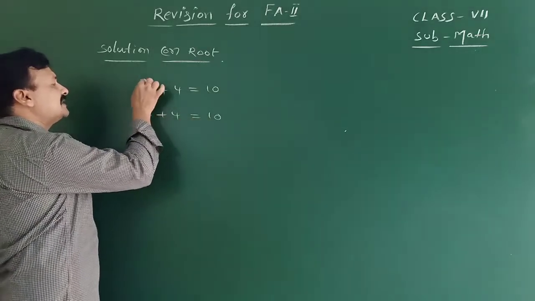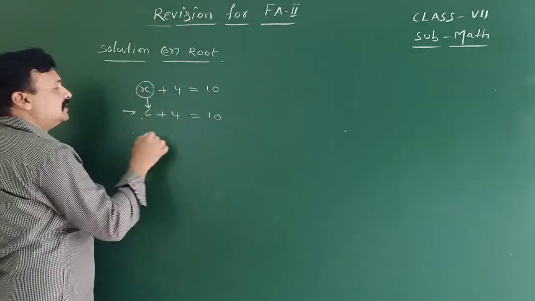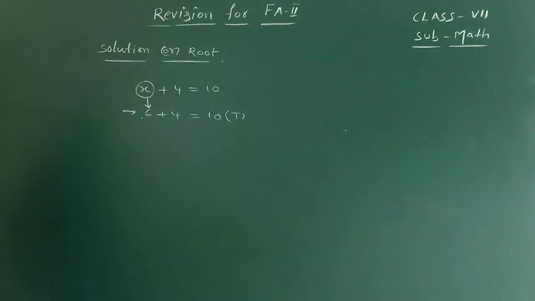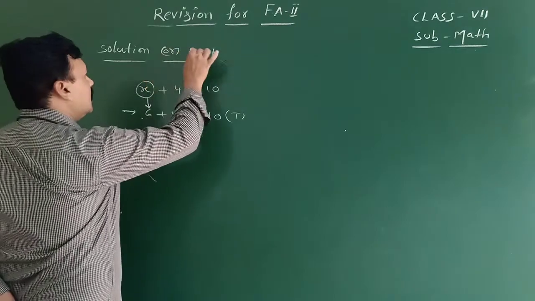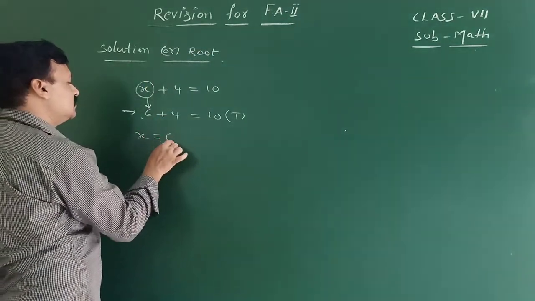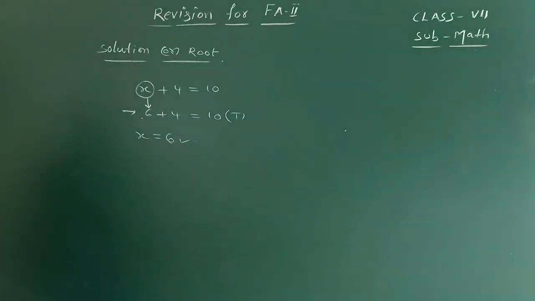Instead of x we replace with 6, and it becomes true. The values of the variable for which the given simple linear equation is true is called the solution or root. Here x = 6 is the solution or root of the given linear equation.